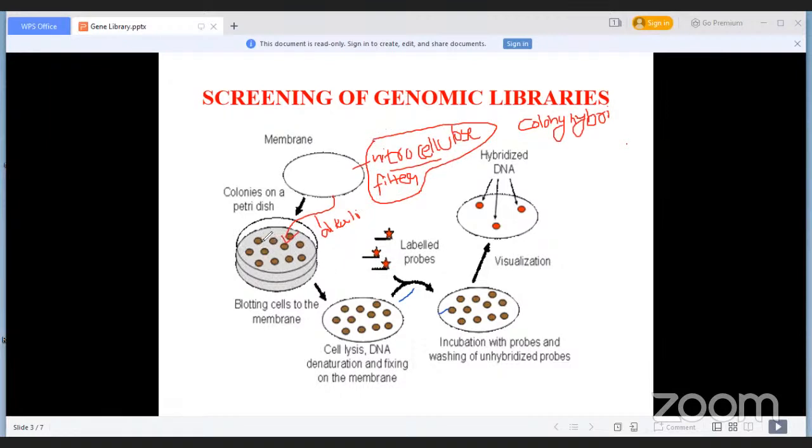Now in the genomic library, DNA is present in double strands like this. In each bacterium, the genome is double stranded.